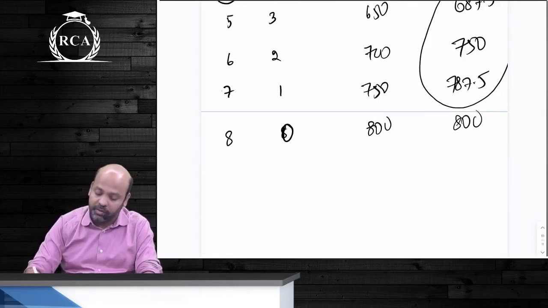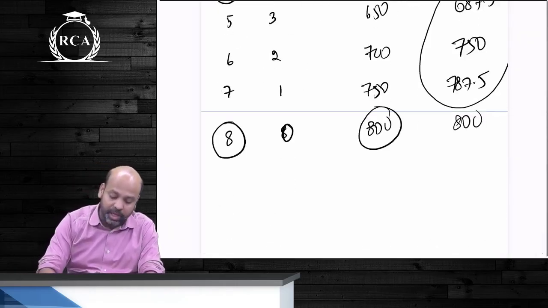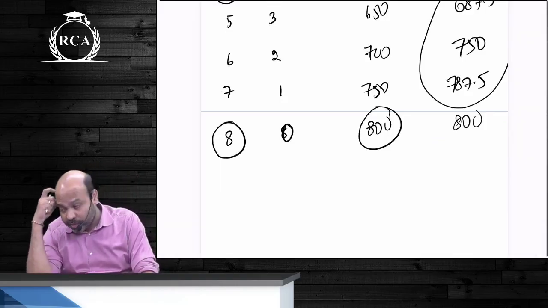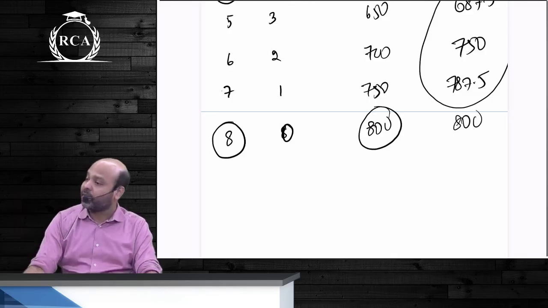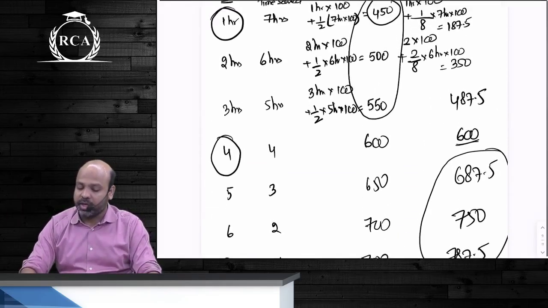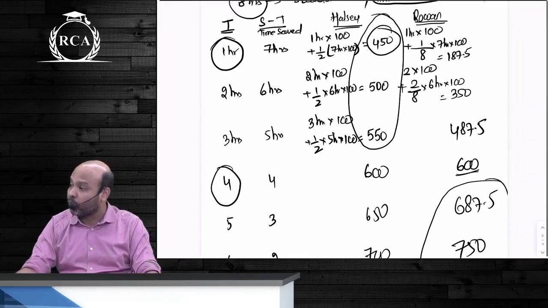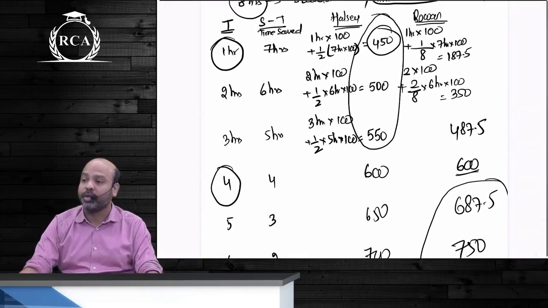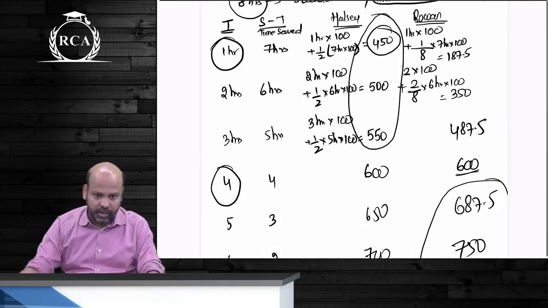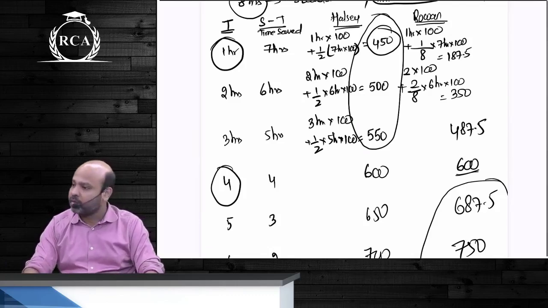The last person is getting paid 800, but that is for how many hours of work? The effective wage rate or earnings per hour would be 800 divided by 8, that is 100 rupees only. Whereas the first worker, beta, is getting 450 divided by 1, 450 rupees per hour. Are you all following this? So whenever you are comparing wages, beta, always compare effective wage rate. Any doubt in this part?